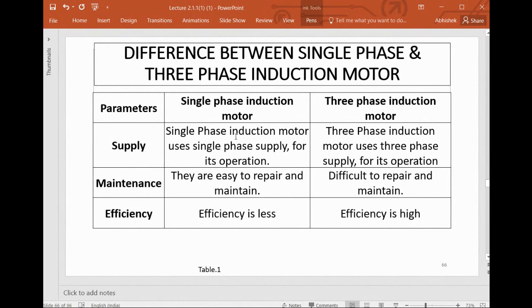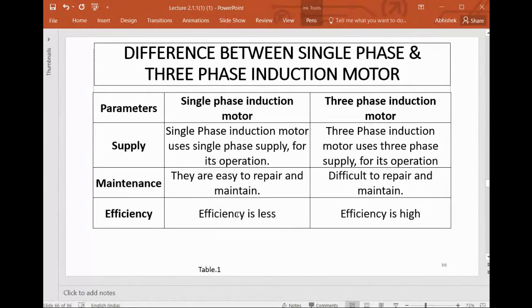Now the comparison between single phase and three phase. First, the supply parameter: in single phase we use a single-phase supply for operation, whereas in three phase we use three phases. Maintenance: single phase is easy to use, repair and maintain, whereas in three phase more components are needed and the circuit is more complex, so it is somewhat difficult to repair and maintain.